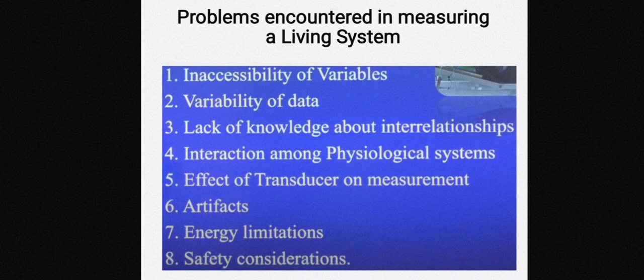Moreover, there is a high degree of interaction among the physiological variables in this living black box. That is, if we want to measure one variable, or measure the relationship between two variables keeping one variable constant, it is impossible to do so.